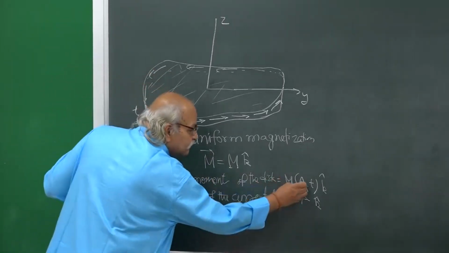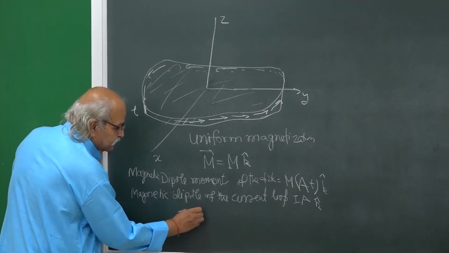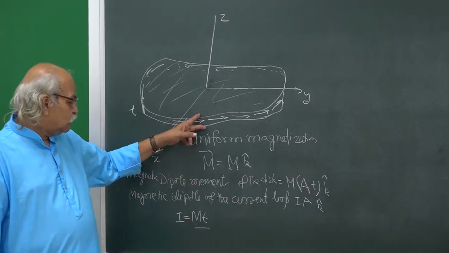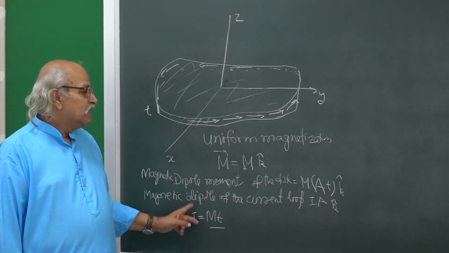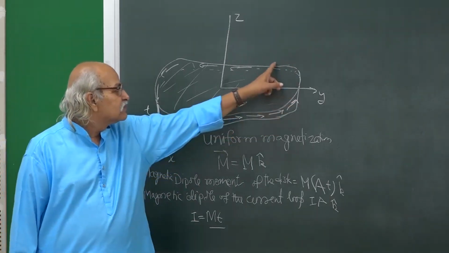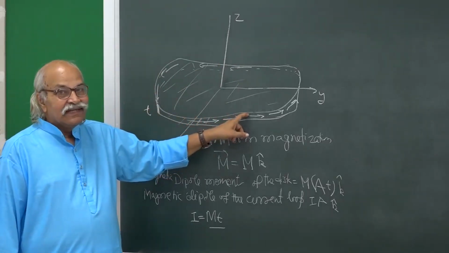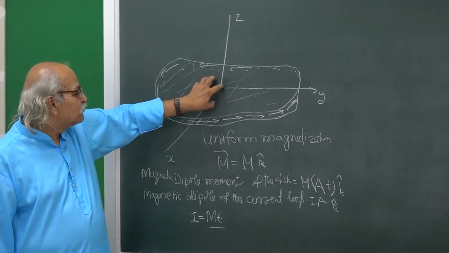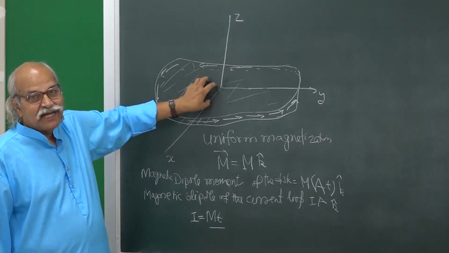Now if I equate these two, I get I is equal to M times T. So M is given to me, thickness is known to me, I calculate the current, and I say that if I only consider this current here, it will have the same magnetic dipole moment as the uniform magnetization capital M gives.